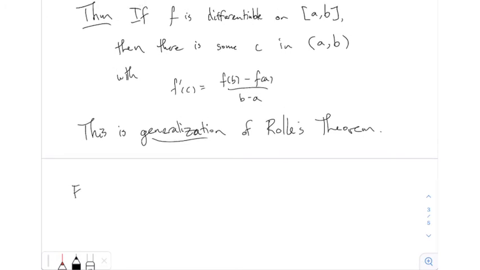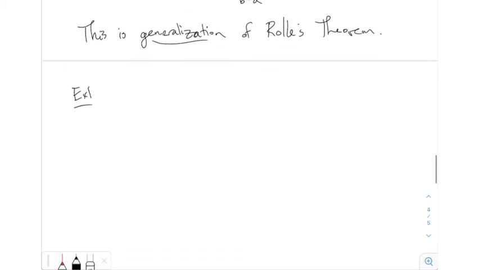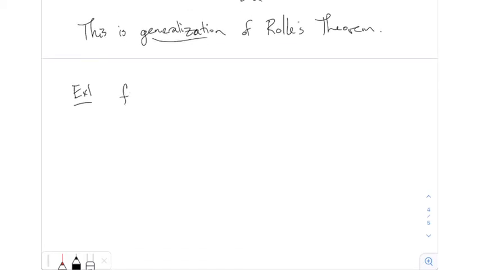Here's a very simple one, just a very basic demonstration. f of x equals x cubed minus 2x squared plus 3, and let's look at the interval minus 1 to 2. What does the mean value theorem say about this situation?